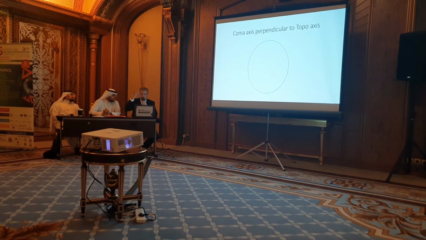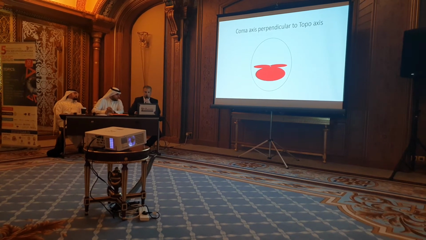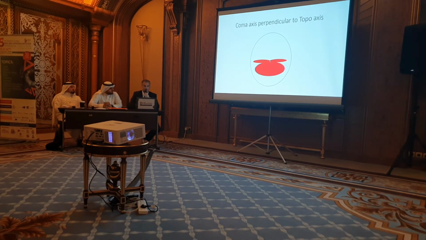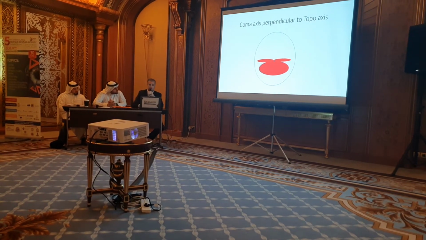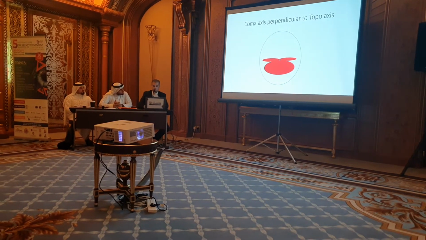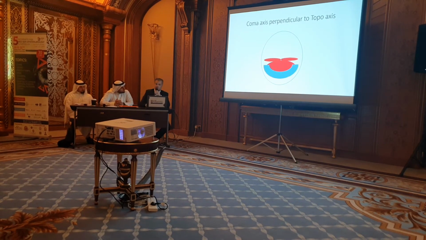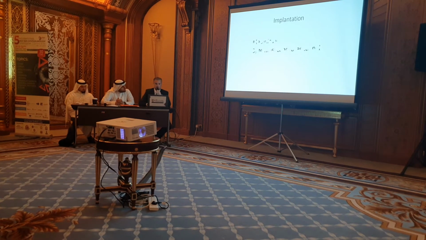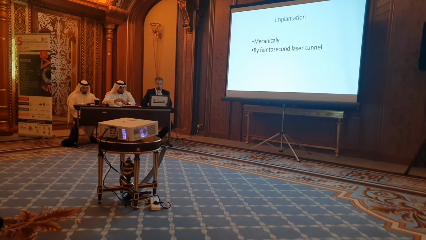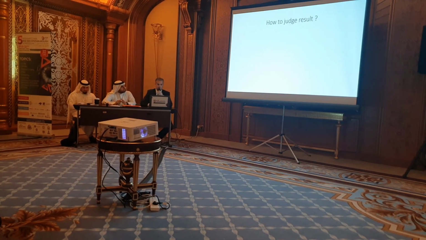This is to understand how the nomogram works. And when you have the coma axis perpendicular to the topographic axis, you have one big ring from inside and one small. The implantation is not an issue, because you can do it now by femtosecond.